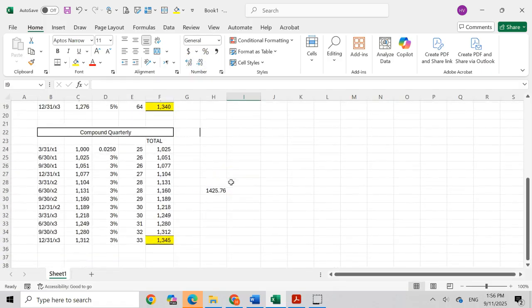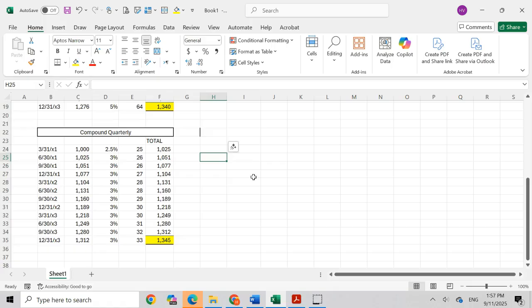So that's using the factors. Let's continue on just for compound quarterly. I want to show you, I made this mistake at first and I was like, why is this not working? When we compound quarterly, the problem would say, if I invest $1,000 today for 3 years with quarterly compounding at 10%, how much would I have at the end of the 3 years?